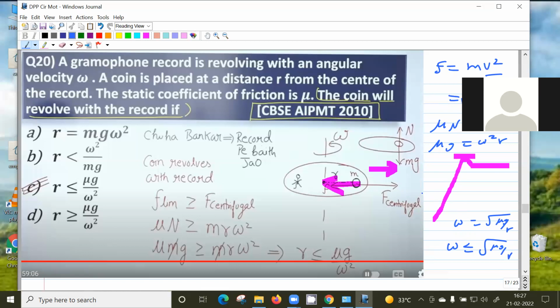So okay, omega is fixed, so radius has to be less than or equal to mu g by omega square. Is it clear?